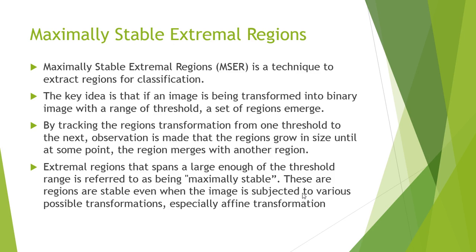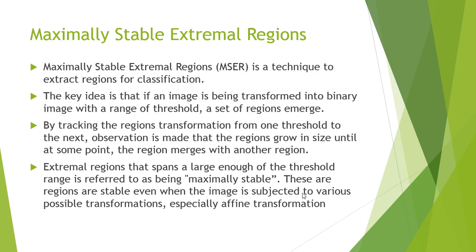Another feature extraction algorithm which can be implemented for license plate recognition is maximally stable extremal regions. Maximally stable extremal regions is a technique to extract regions for classification. The key idea here is that if the image is transformed into a binary image with a range of thresholds, a set of regions emerge.